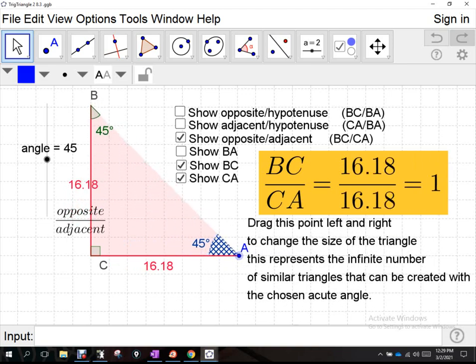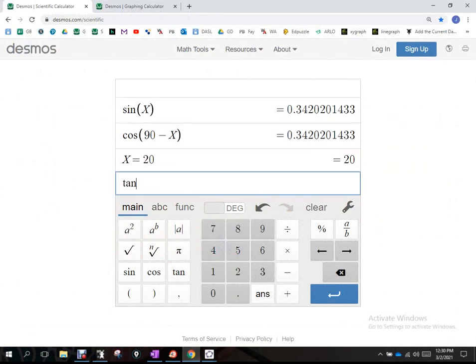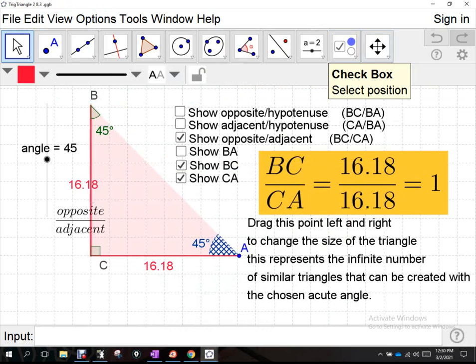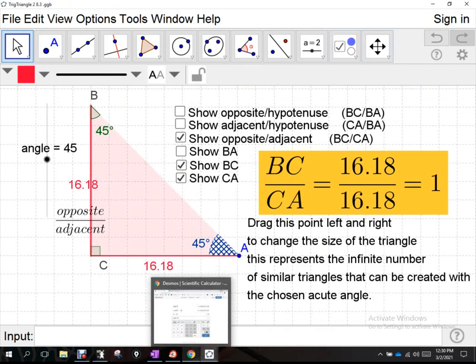So, what trig ratio uses opposite divided by adjacent? Tangent. So if I ask my calculator, what is tangent of 45, you see how it spits back 1? It's telling me, regardless of how big these two numbers were, their quotient is 1. That's the output that the calculator is providing.